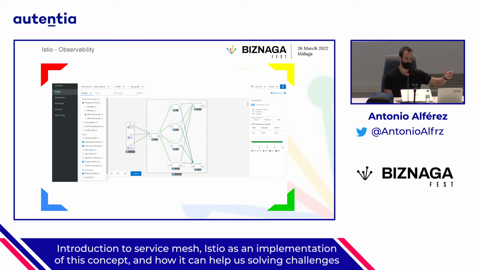So imagine you do a request to your application, it creates a chain of requests, and at some point it fails. Because you have all the metrics of all the network involved in that request, you can pinpoint exactly, oh, this is where it went wrong, or where it got delayed.